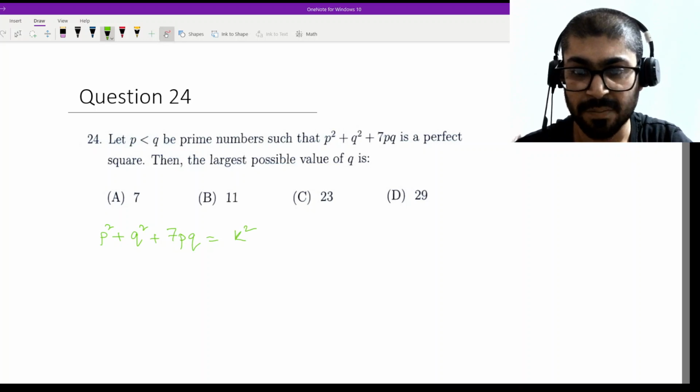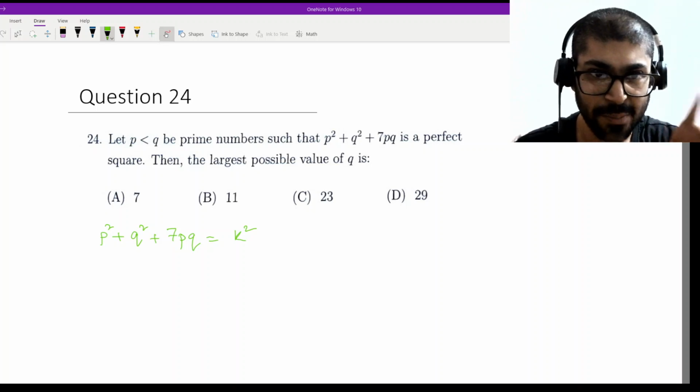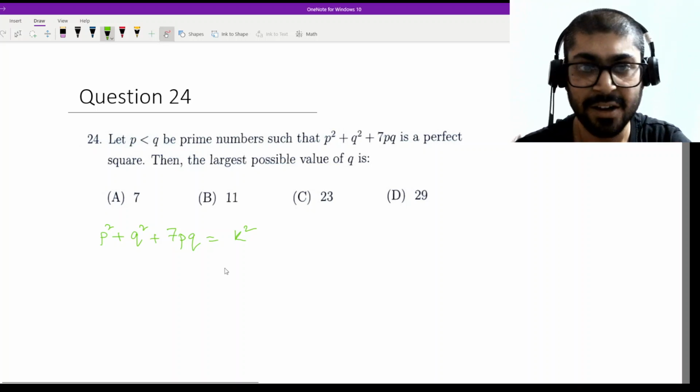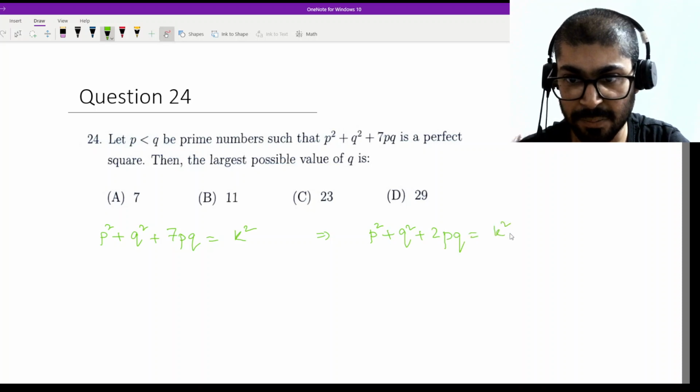Now once this happens, I can manipulate this algebraic expression. I can write p square plus q square plus 2pq equal to k square minus 5pq.